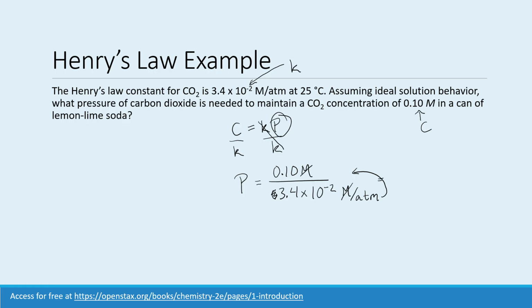And 0.1 divided by 3.4 times 10 to the negative second gives us, with 2 sig figs, right, because both of those values that we used were 2 sig figs, 2.9 atmospheres. Right, so Henry's law, pretty simple most of the time. Usually you're given 2 of the 3 variables and asked to solve for the third.